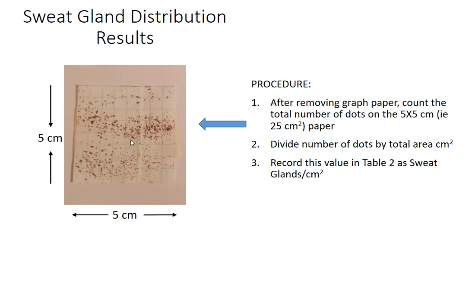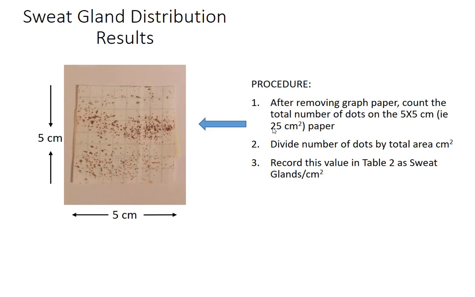So the instructions told you that after removing the graph paper under your procedures, you are to count the number of dots on this 5 by 5 centimeter piece of paper. Now, in order to get centimeters squared, you're going to multiply the length and width, 5 times 5.